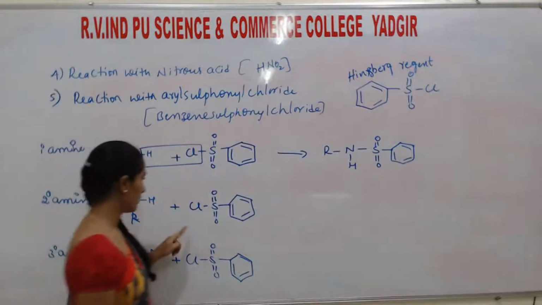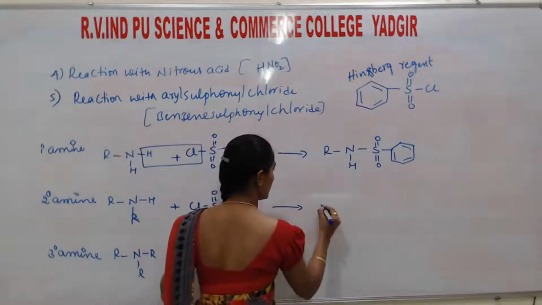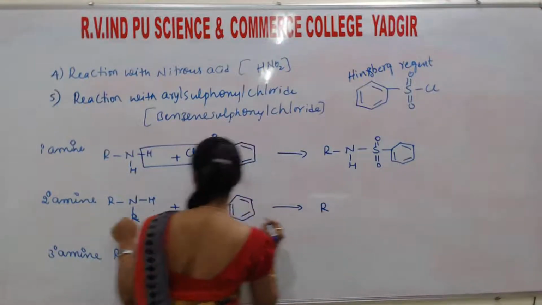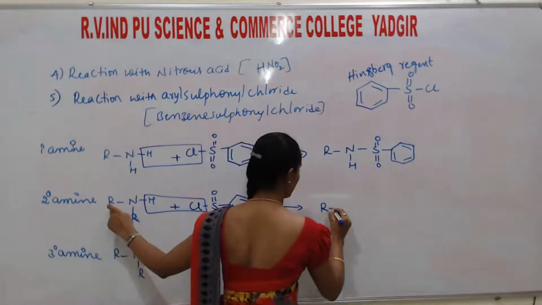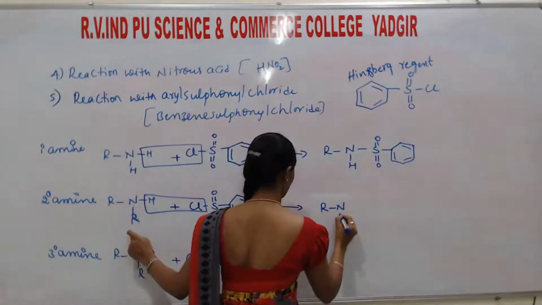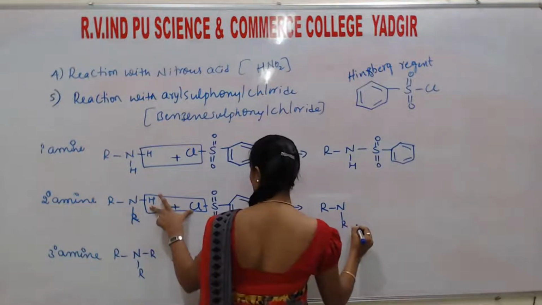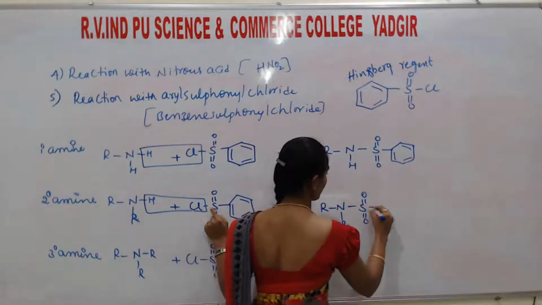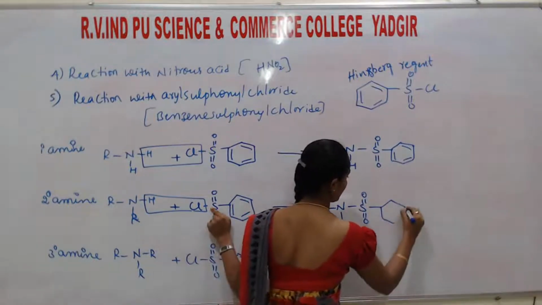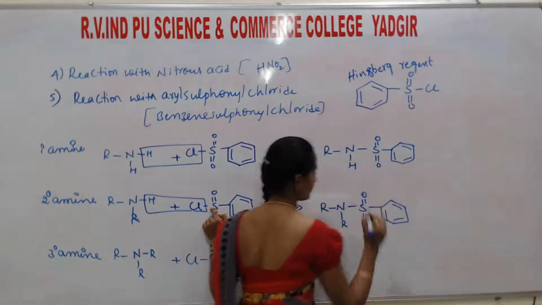Next, here also HCl will be removed. The remaining is R, single bond N, here R. So HCl is removed means next is sulfur, double bond O with the benzene ring.